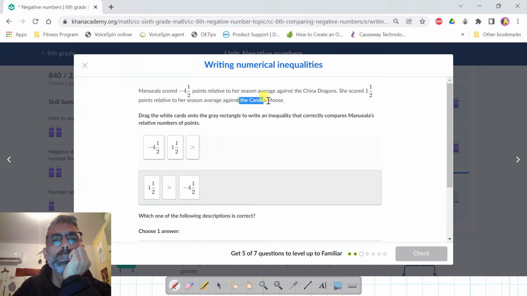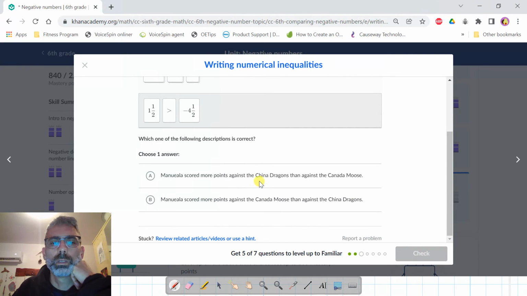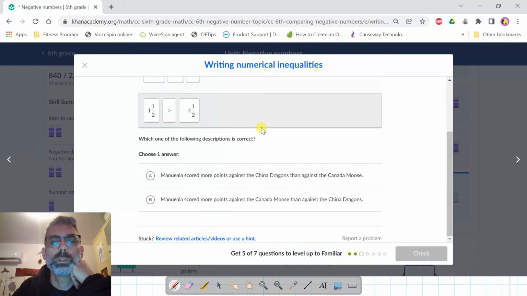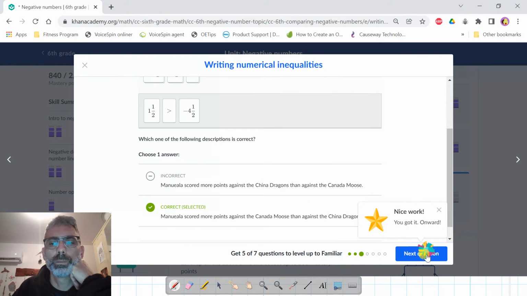Against the Canada Moose, she scored a positive number, and against the China Dragons, she scored a negative. So against the Canada Moose, she scored more. So B is correct.